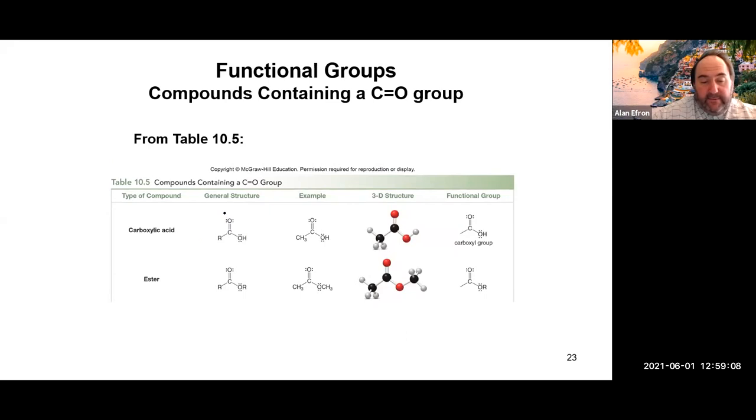Carboxylic acid, right about there, is the functional group. And again, it has a carbon-oxygen double bond and that OH group. You may be familiar with this one here. A lot of weak acids are carboxylic acids. That is CH3COOH. That is acetic acid.